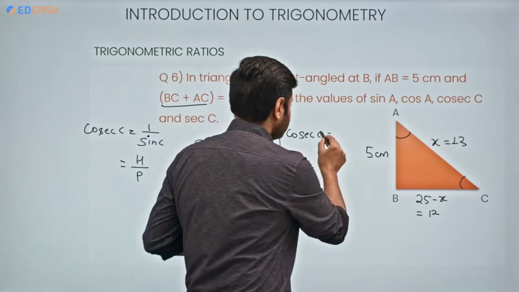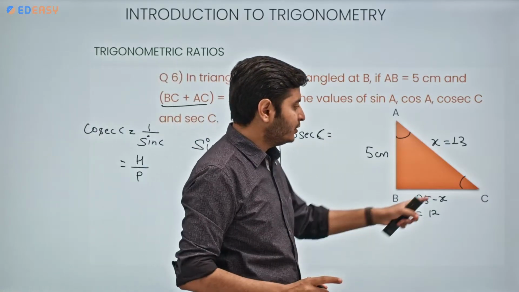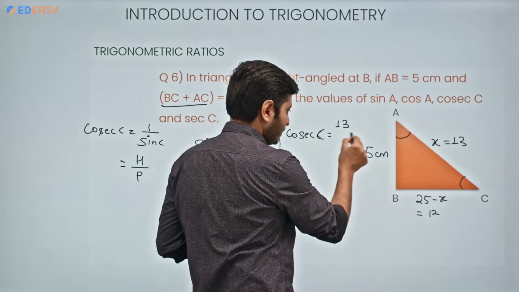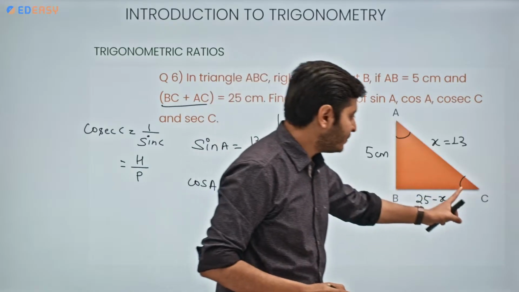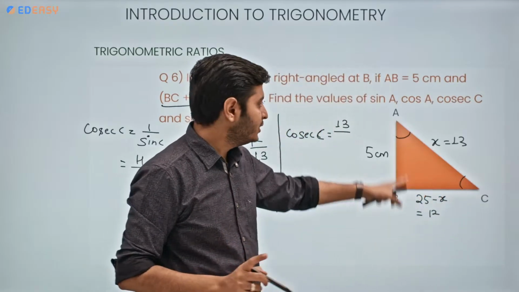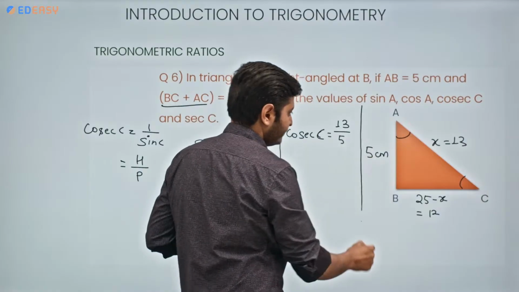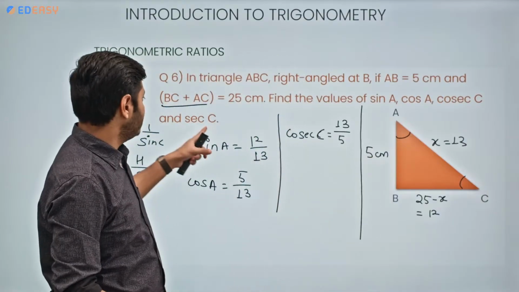So for cosecant C, hypotenuse is same, 13, by perpendicular. Which side is perpendicular when we are referring to angle C? AB. So it will become 13 by 5.